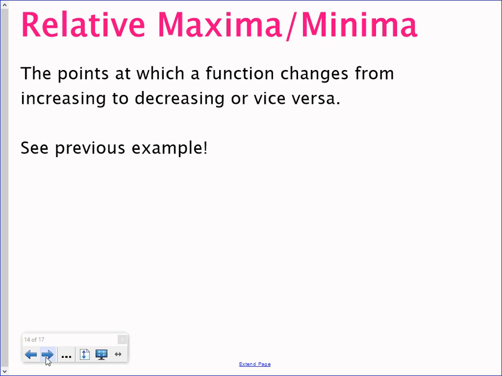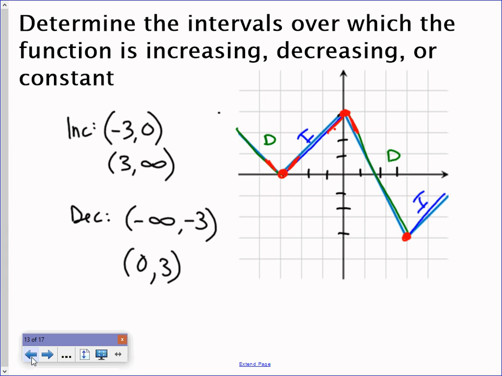Notice that there is that word in front of them that says relative, and that's a pretty important one because it means it's relative to the graph just right around it, right? Like when I pointed out, right here in this little group of points, this is the lowest point. But if I flip back to that slide and I show you that one more time, is this actually the minimum of the function?